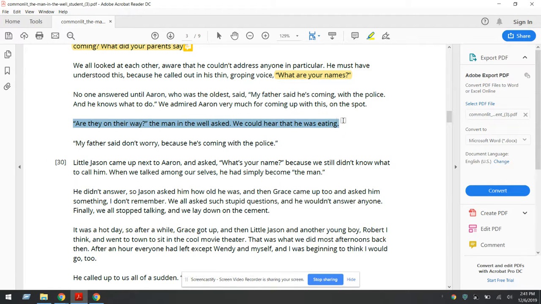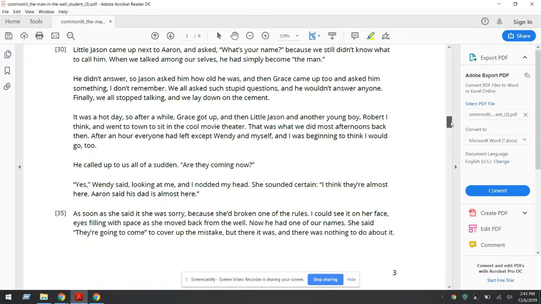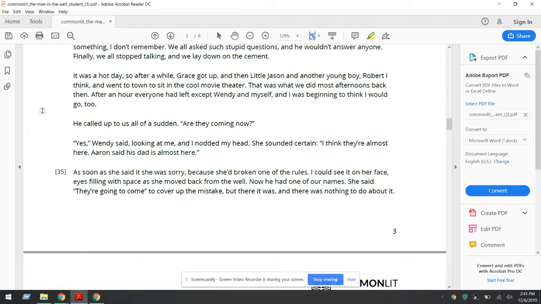So this is kind of probably not very good. So this was somebody else. I'm thinking that this is, we didn't know what to call him, so that's them asking him. Skimming and scanning for that dialogue, really. He called up to us. Are they coming now? It's like, man, people still aren't helping.